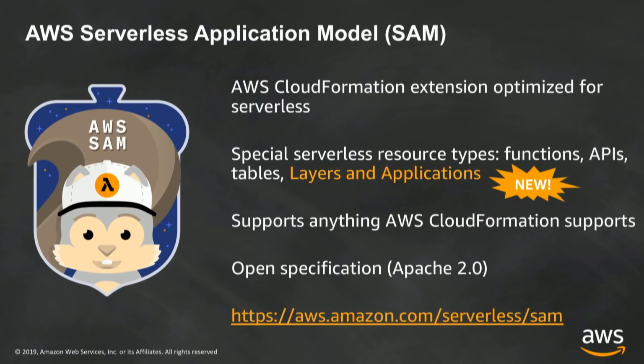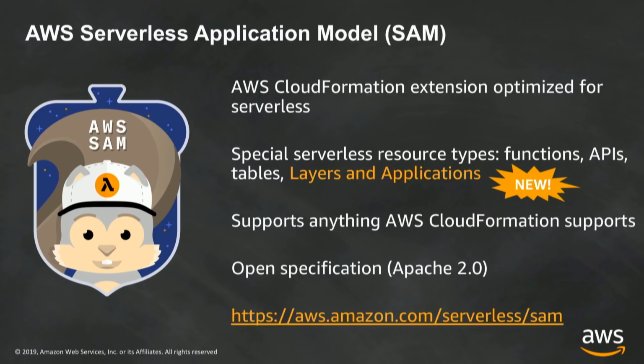Now what SAM does is provide some special capabilities specific just to serverless on top of CloudFormation. And so we have a couple of special resources. We have serverless functions, APIs, tables, and the layers and applications, which is a newer concept for us here. And it can support almost anything that CloudFormation supports today. Again, it's built on top of that.